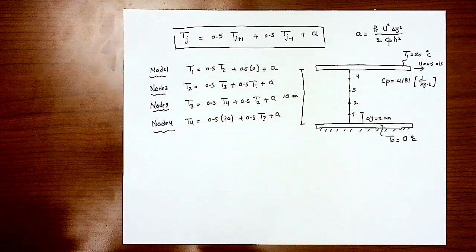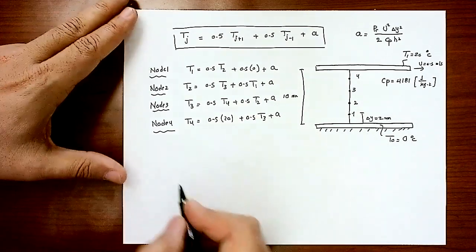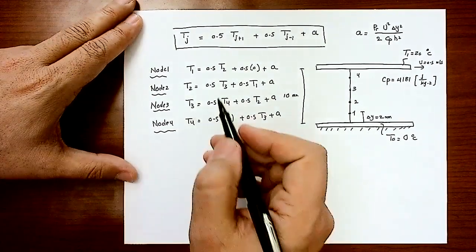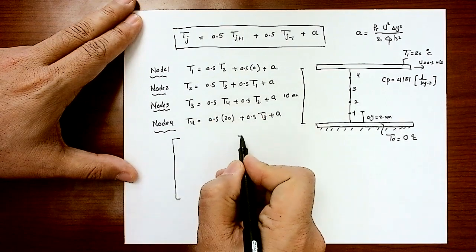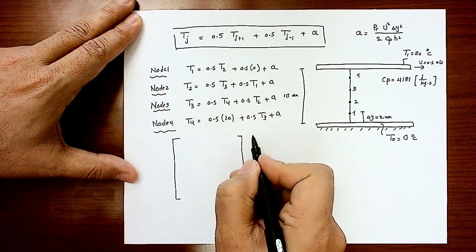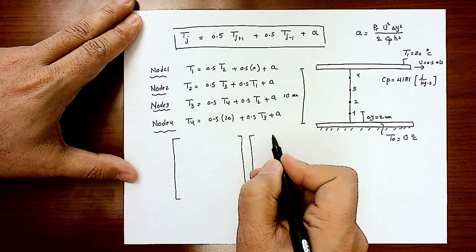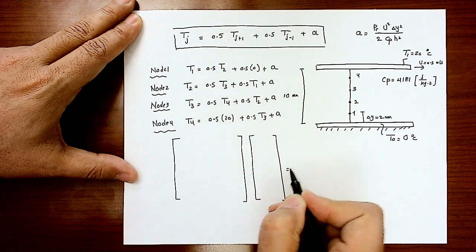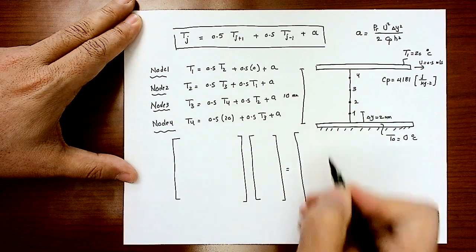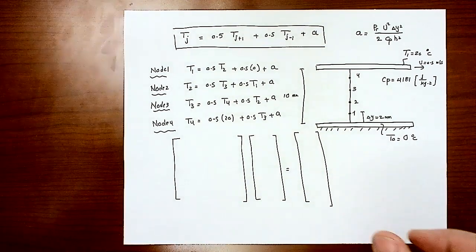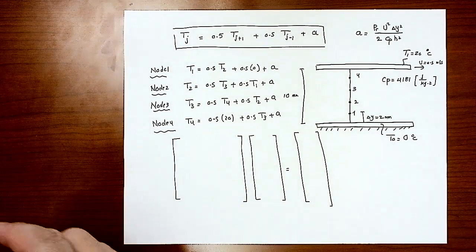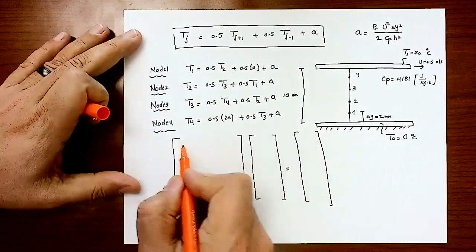So these are the nodal equations. I can arrange these equations in matrix form. Let's see what we have. I will try to make myself a little more organized here.